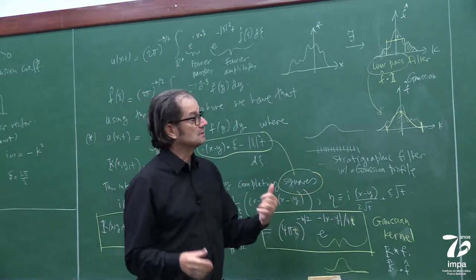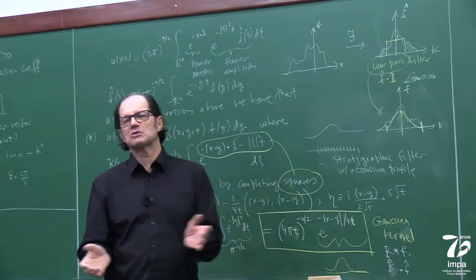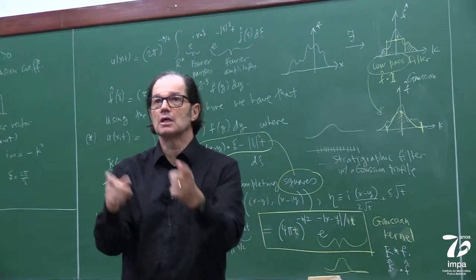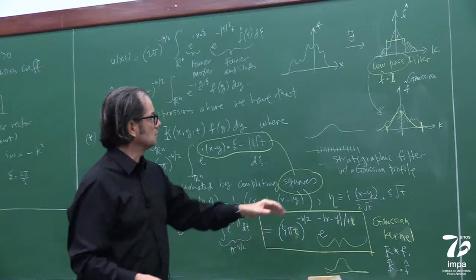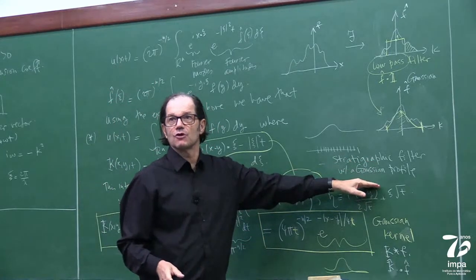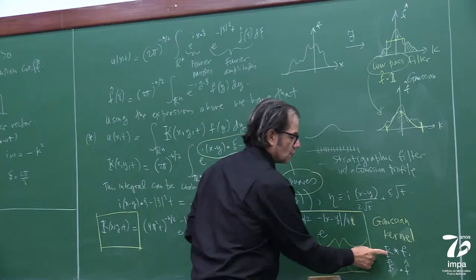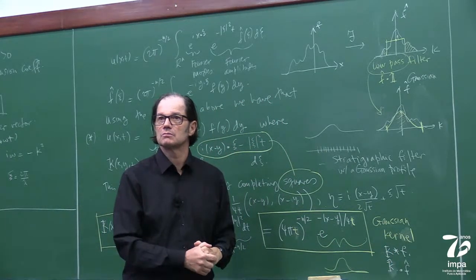So this apparent diffusion, if you don't like, André, I don't like calling it apparent diffusion because there's no diffusion coefficient in my equation. Okay, then you can call it a stratigraphic filter because mathematically it's the same thing. It's basically a Gaussian convolved with the function.